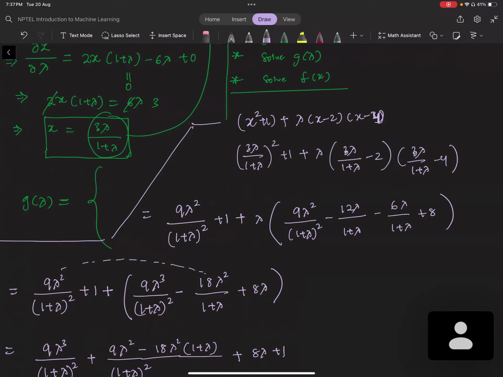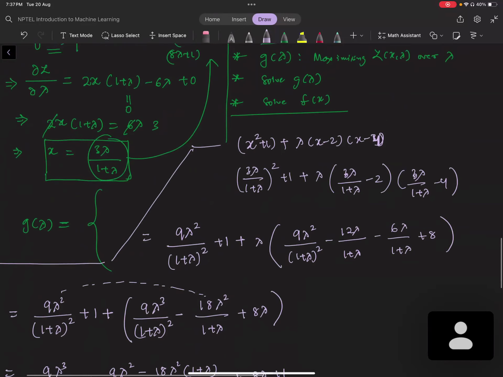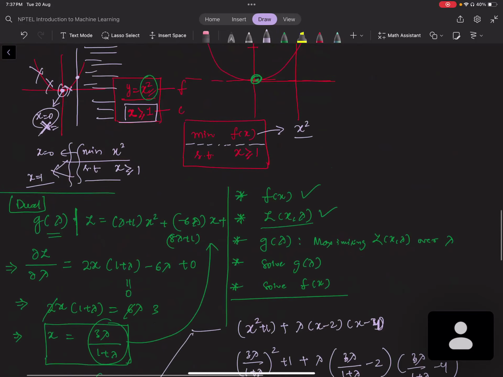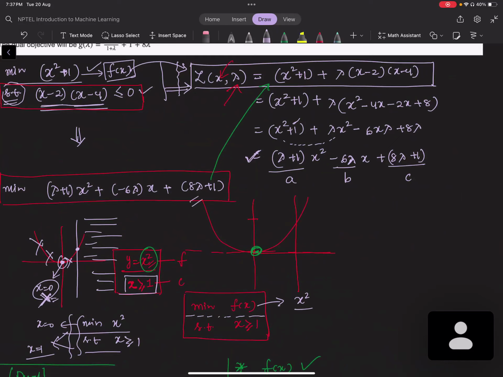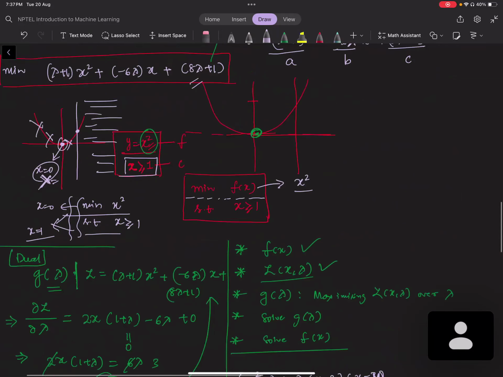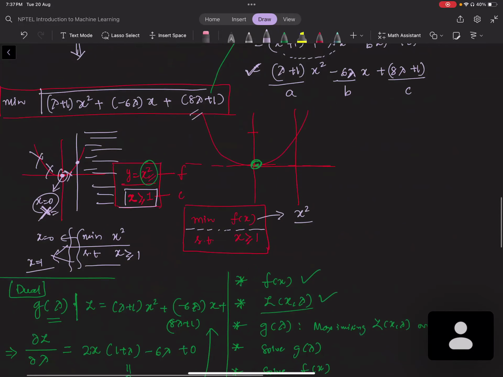3 lambda by 1 plus lambda. So this was the equation. Oh no. This was the equation, right? Let's just put it here. We'll try.